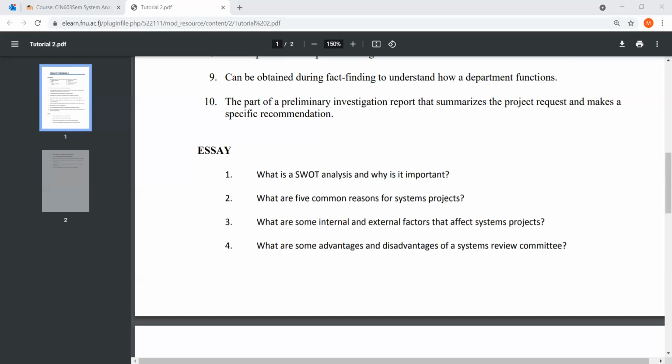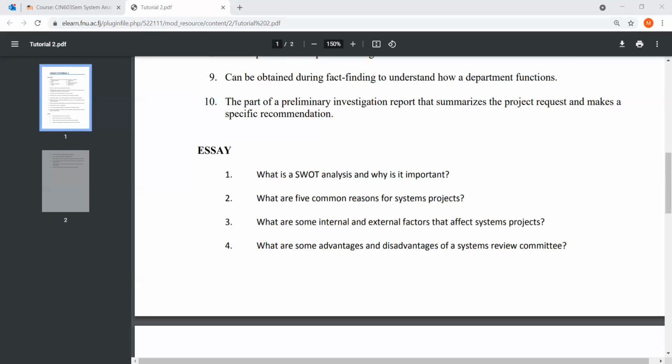Even if you write down top managers, I'll also accept that. After that, the third point is user requests. Fourth point that you have there is information technology development.